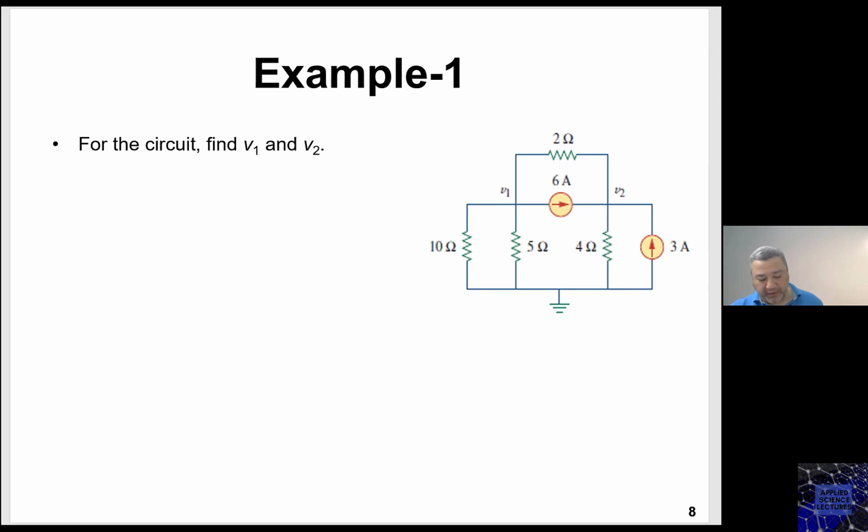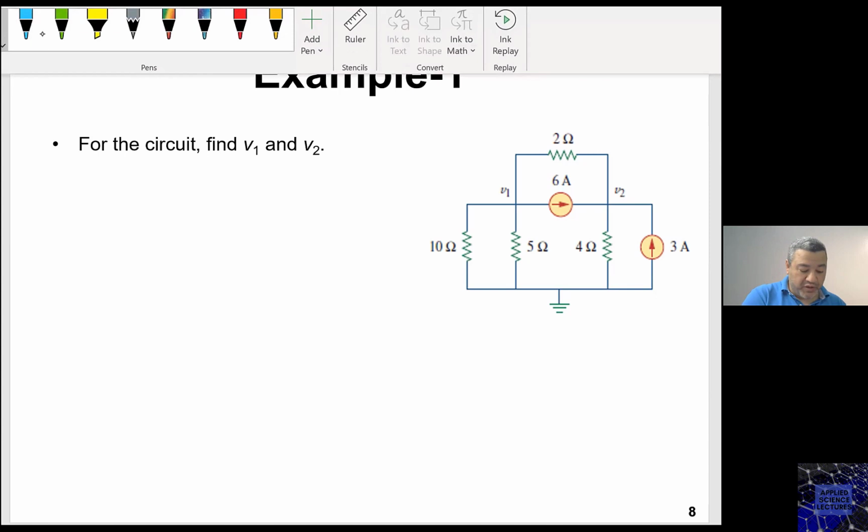In this example, a circuit was given to me, and as you can see, I don't have voltage sources in this circuit, and I was asked to find the value of V1 and V2. So in this circuit, the reference was already assigned to me. The variables were already assigned to me. I will only highlight those nodes that V1 and V2 are assigned to.